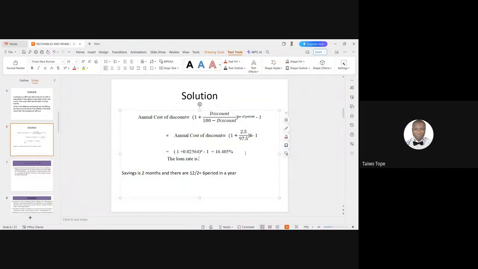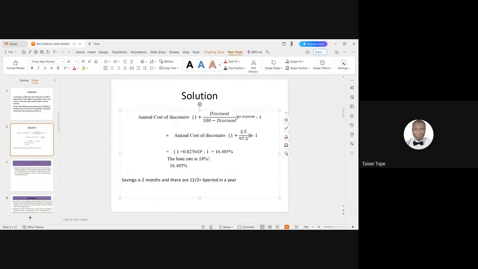If you are to get the loan, and you get 16.05, it is better you offer the discount and get your money very fast, because you incur more when you get the loan from the bank.